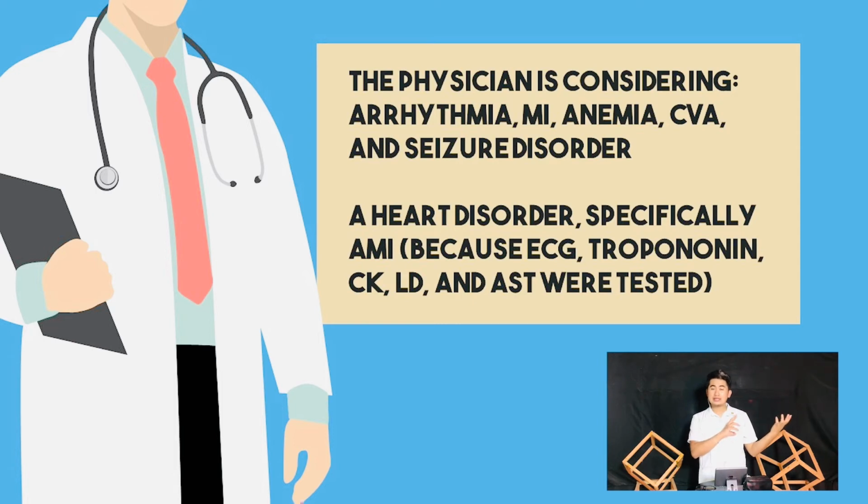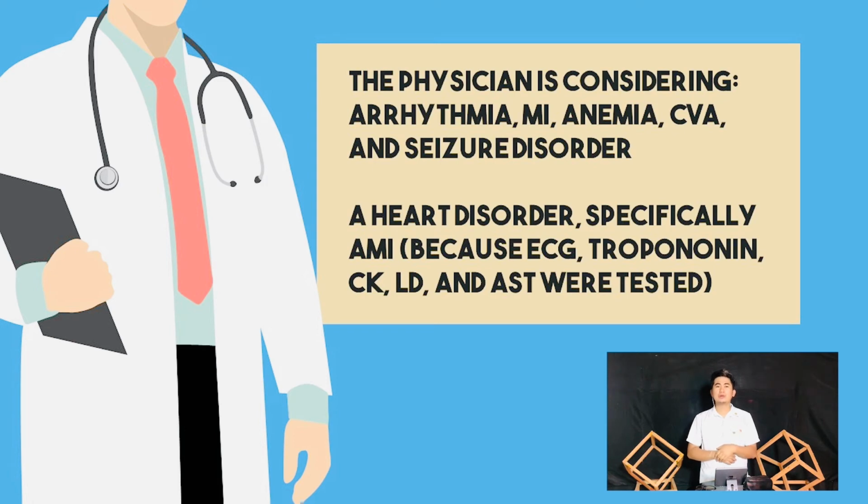She fainted without tripping or falling, so it could possibly be an epileptic attack, or it could also be a heart disorder, specifically AMI, because the ECG and troponin, CK-MB, were tested. So the physician might be suspecting an AMI attack, or it could also be an underlying condition such as epilepsy.